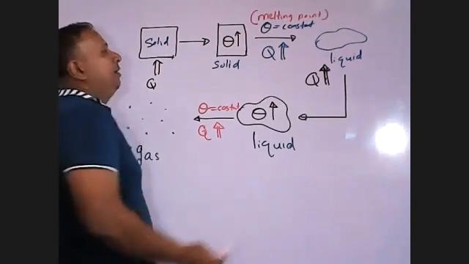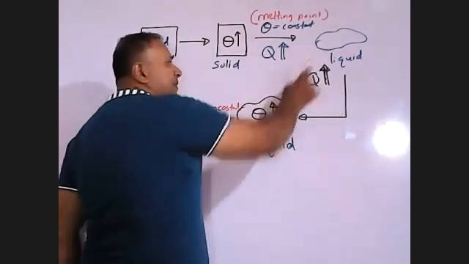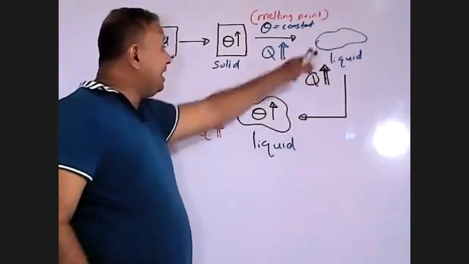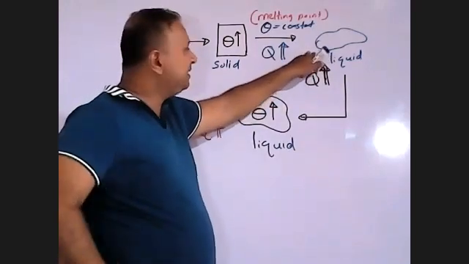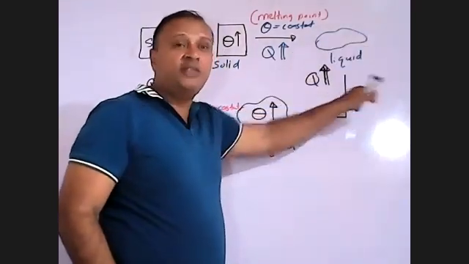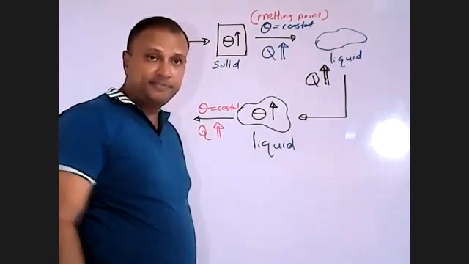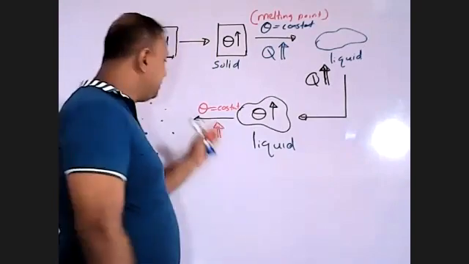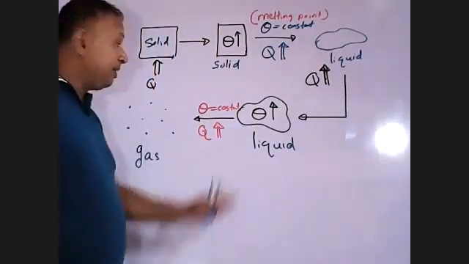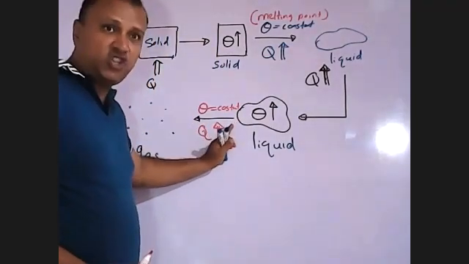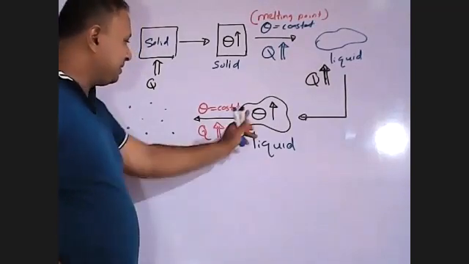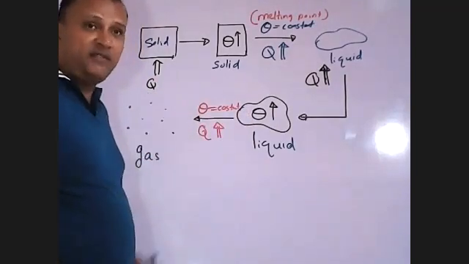Then when we supply heat to this liquid phase, the temperature of the liquid phase increases with the given heat. Then it comes to another phase change, that means liquid to gas.